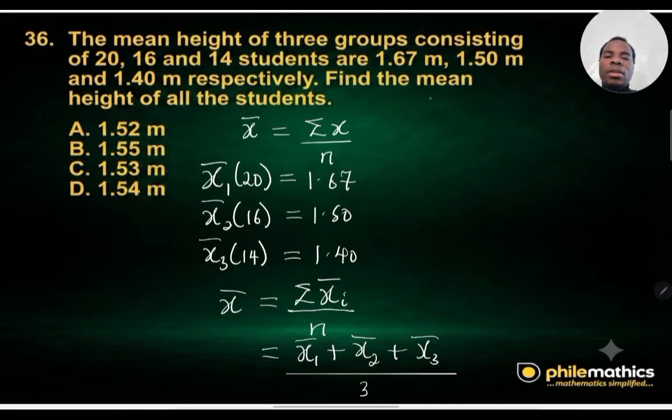If we add this, 1.67 plus 1.50 plus 1.40, it is simply this: 7, 6 plus 4 is 10, plus 5 is 15. 1 plus 1 plus 1 is 3, plus 1 is 4.